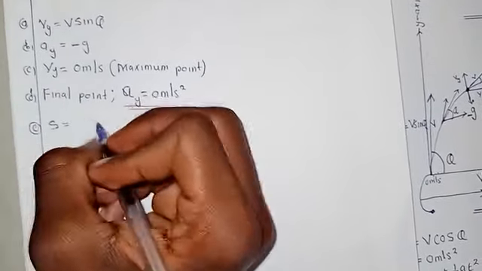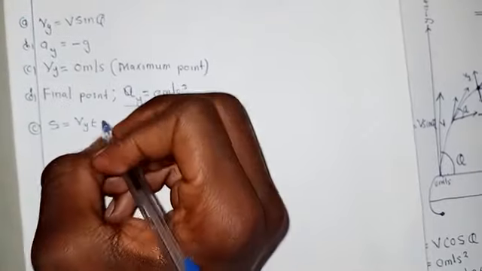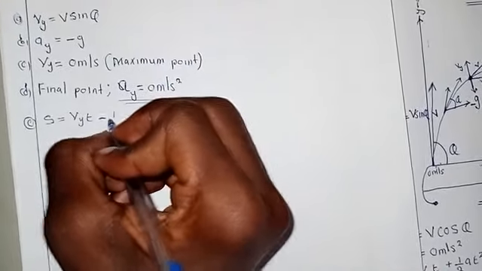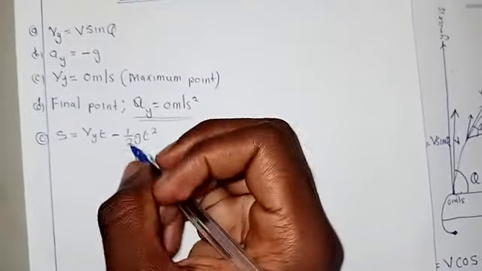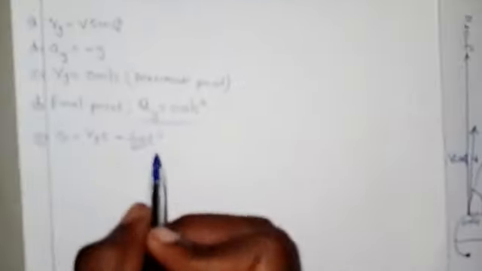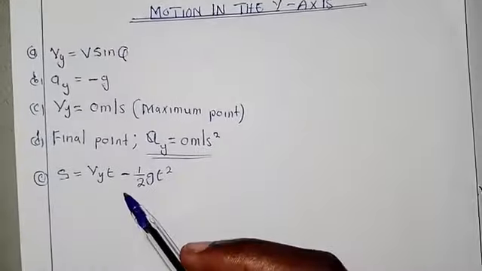S is equal to Vyt minus 1/2 gt squared. Now, why put a minus? Because this g is negative, remember? It's negative in the y.